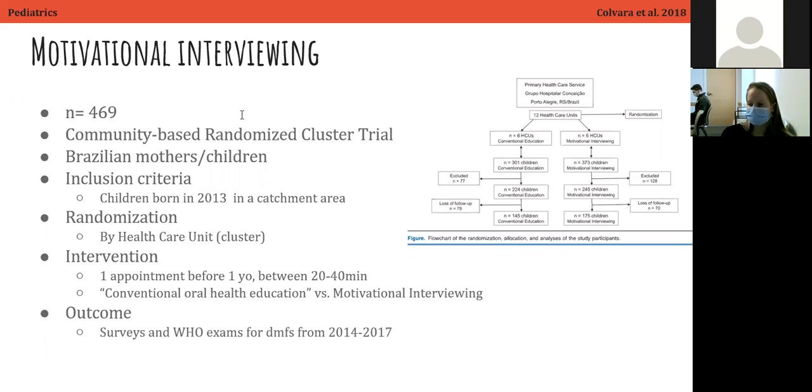And this was performed while kids were less than a year of age. Then they followed up and did exams on them, looking for decayed, missing, or filled teeth over the next 3 years. That's what that DMFS means.